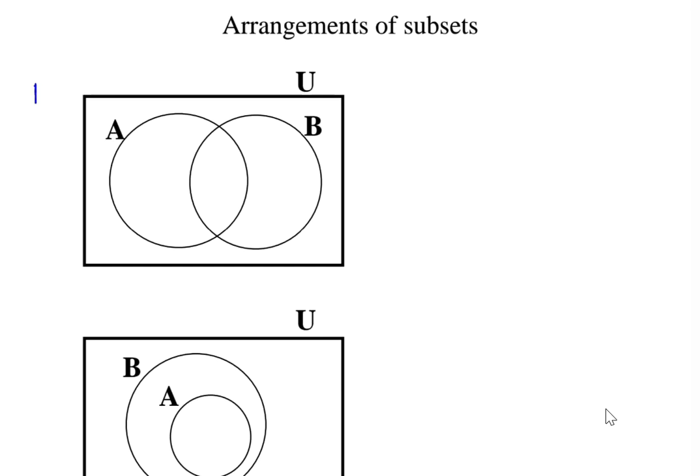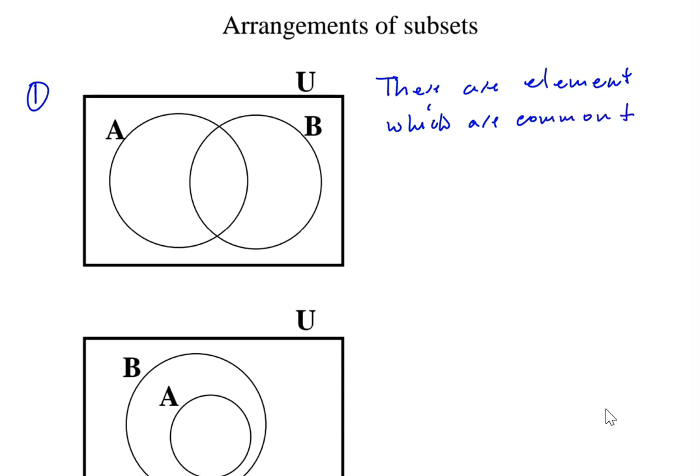For arrangement 1, there are elements which are common to both A and B. So you tend to have an arrangement like 1 when there are elements which are common to both A and B, and there are elements in A which are not in B, and there are elements in B which are not in A.